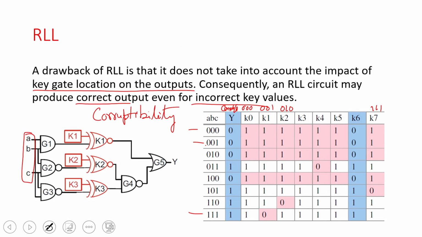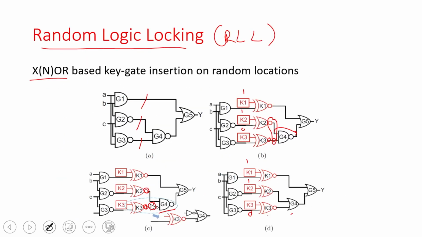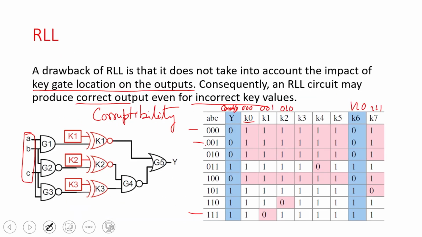Now, if you give k equal to 0 0 0, your correct value is k6, right. So, 1 1 0, you remember. I have used 1 1 0 as the correct key value, right. So, this is my correct key value. If you give the correct key value, no matter whatever the input, the original output and the locked circuit output will match, that is the expectation. So, this and this will match, right.